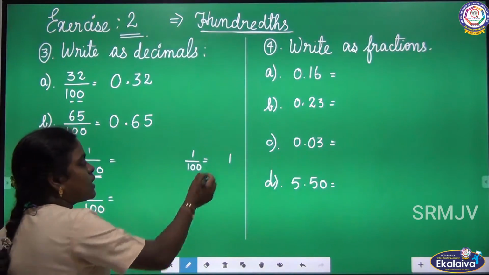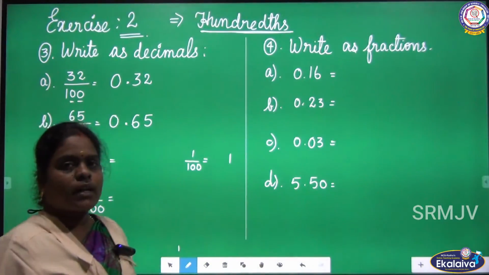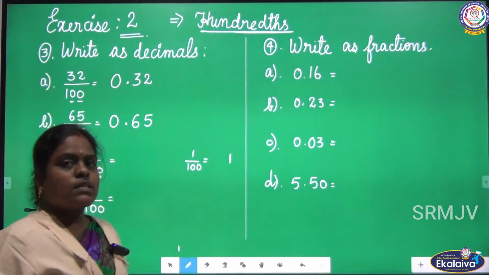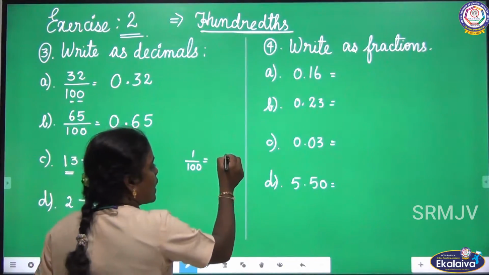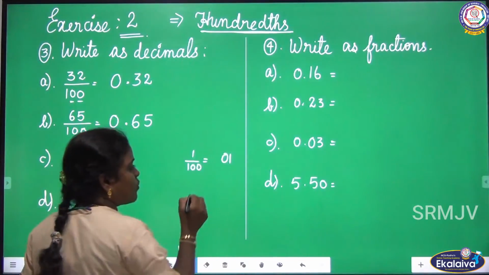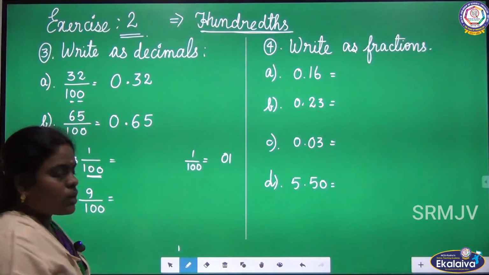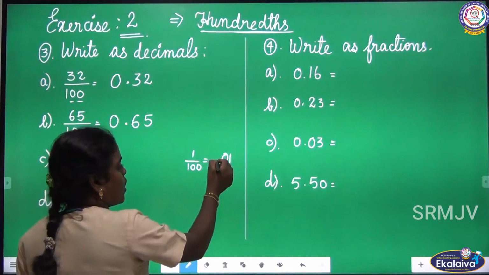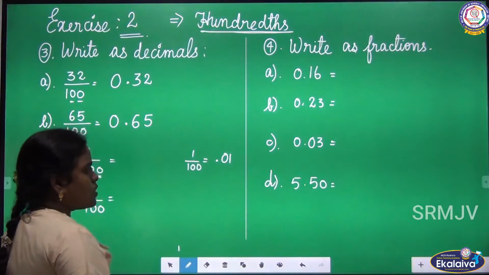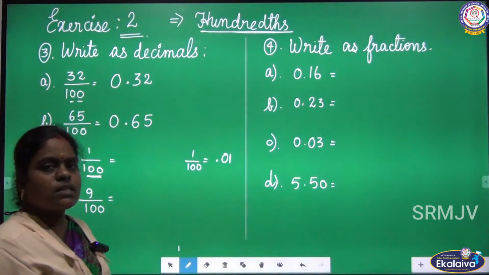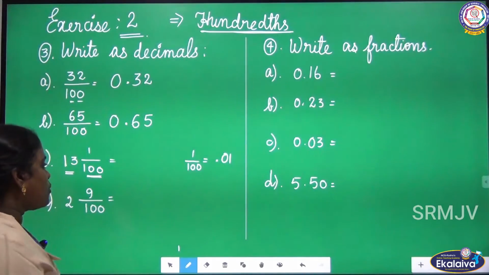But here in the numerator we have only 1 digit. Yes, you have to add a 0 before the given number. Now we have a 2 digit number, 01. Now place the dot. So 1 by 100 equals 0.01.